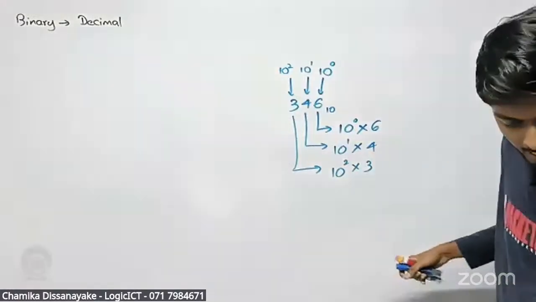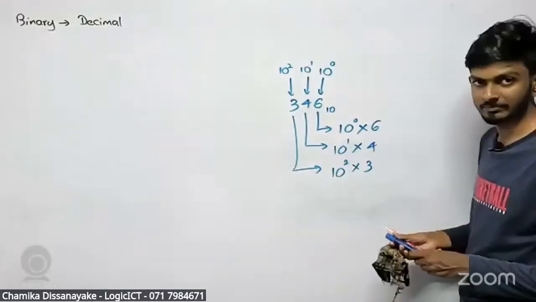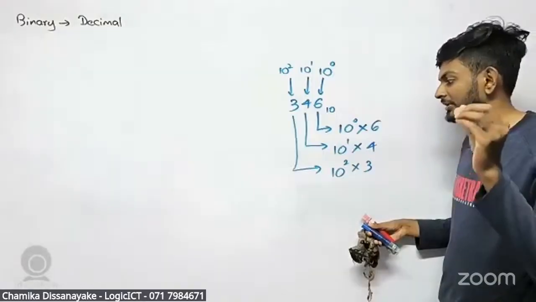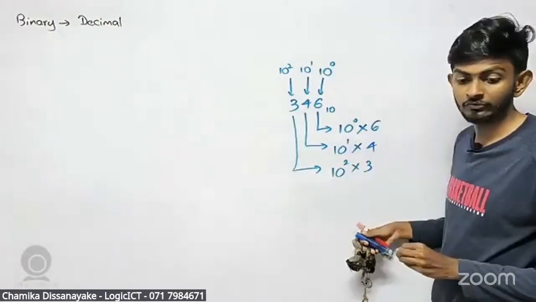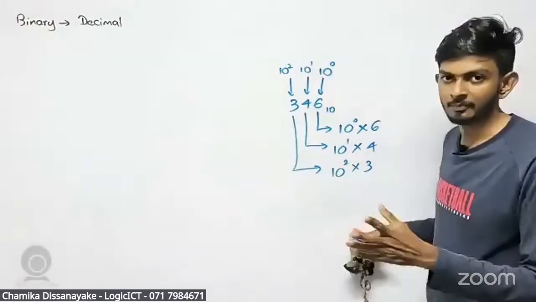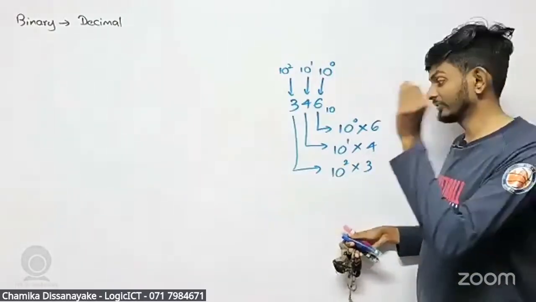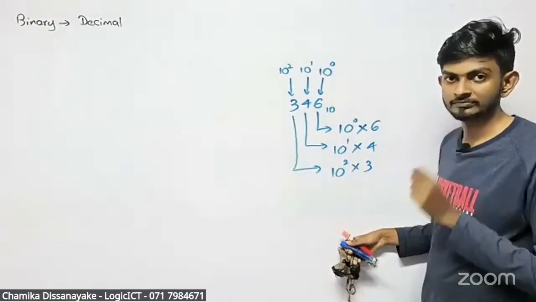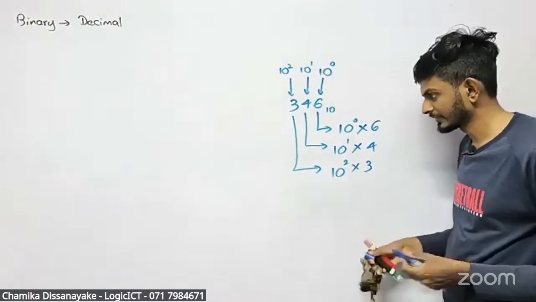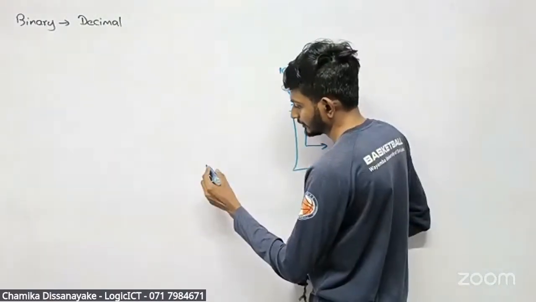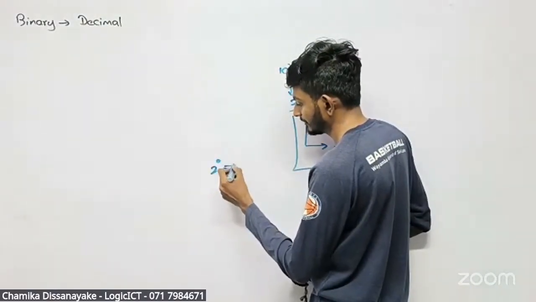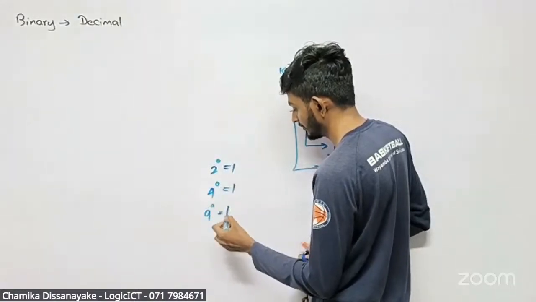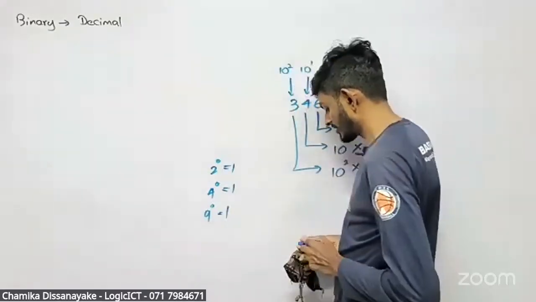Actually, guys, in mathematics, the zeroth power of any number will be 1. That means 2 to the power 0 will be 1, 4 to the power 0 will be 1, 9 to the power 0 will be 1.